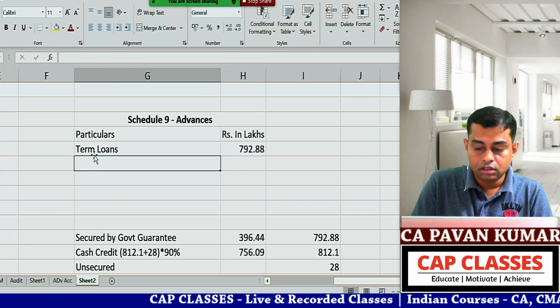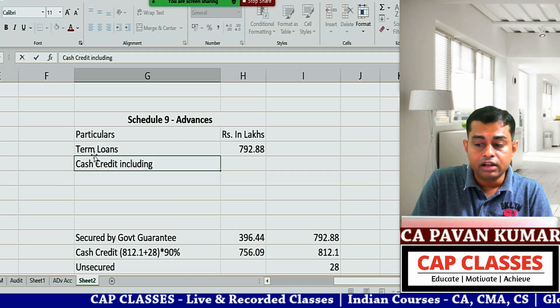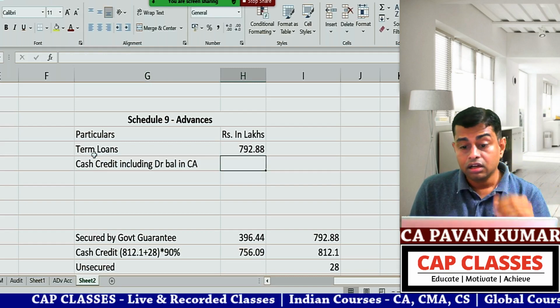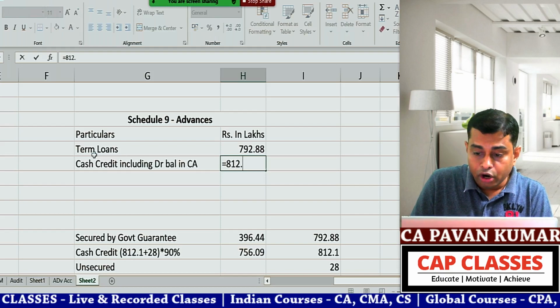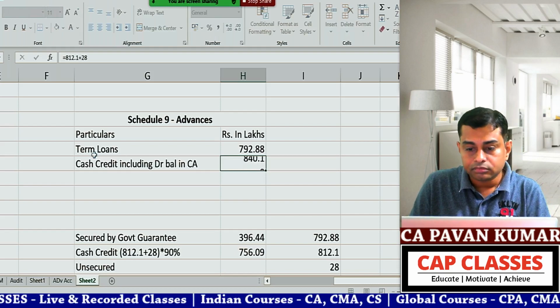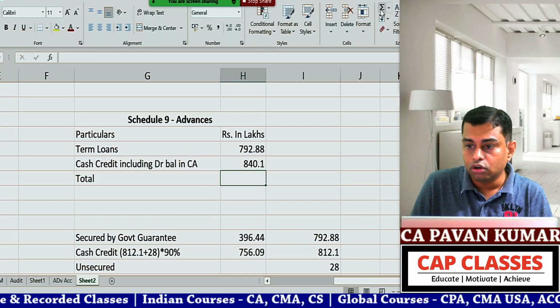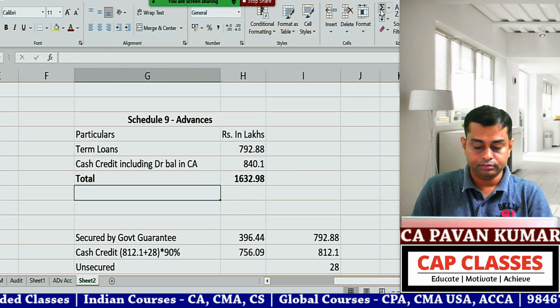Then cash credit including debit balance in current account, 812.1 plus 28. Total. So this is one. You will show the reconciliation for this.